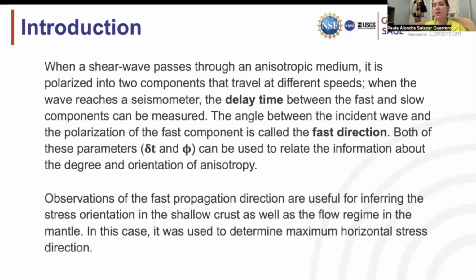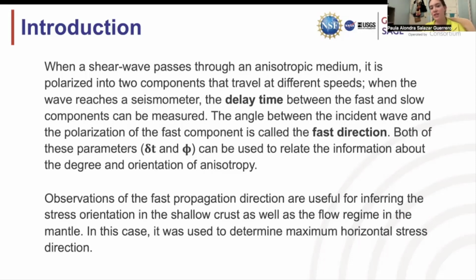So shear wave splitting is a phenomenon in which a shear wave, when passing through an anisotropic medium, is polarized into two orthogonal components that travel at different speeds.